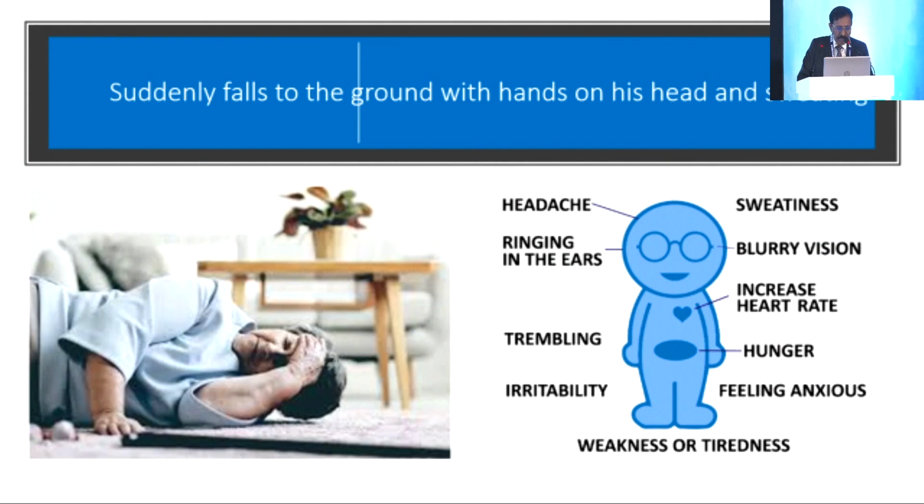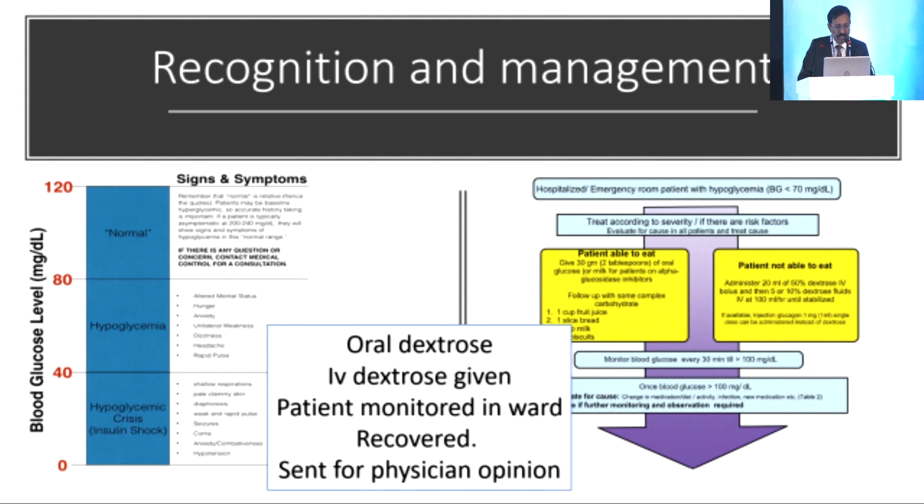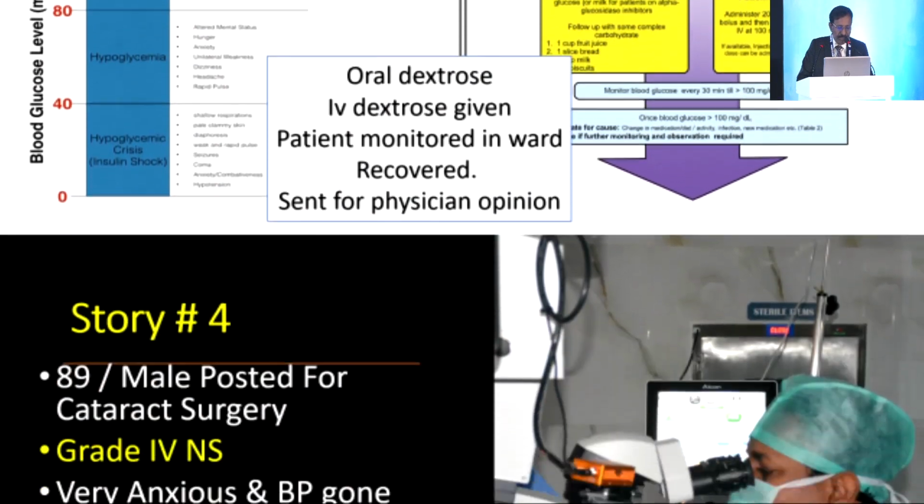Since we know that the patient is diabetic, we did a CBG, capillary blood glucose, and took an ECG as well, and stabilized the patient while monitoring the vitals. The blood sugar was 62 milligrams, so oral dextrose, IV dextrose, and glucose in all forms was given. The patient was monitored in the ward, recovered, and then sent to the physician for opinion and follow-up.